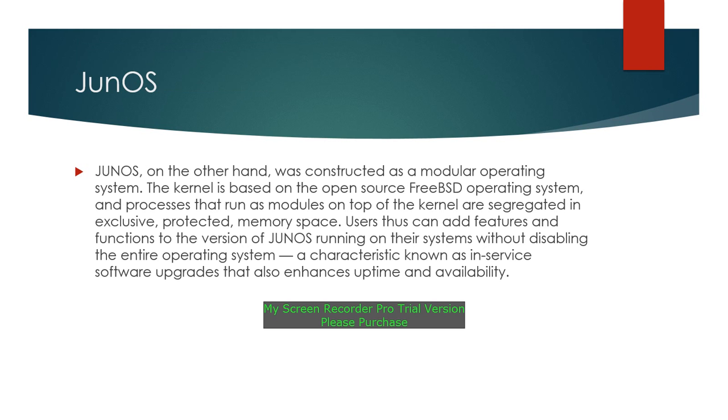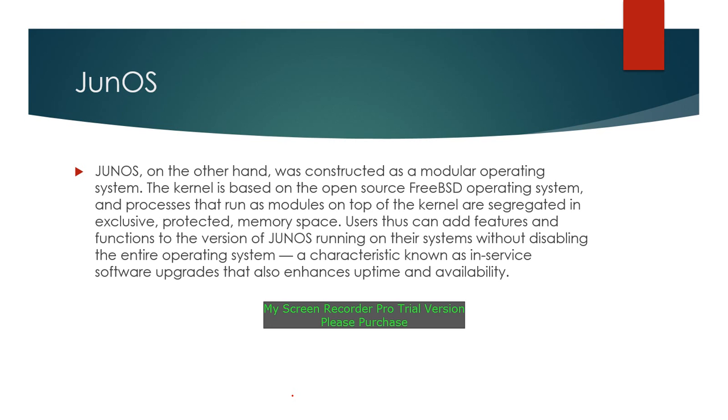Juniper OS is constructed as a modular operating system, with a kernel based on the open source FreeBSD operating system. Processes run as modules on top of the kernel and are segregated in exclusive protected memory space. We call it a modular OS because separate processes and daemons run on the kernel base.